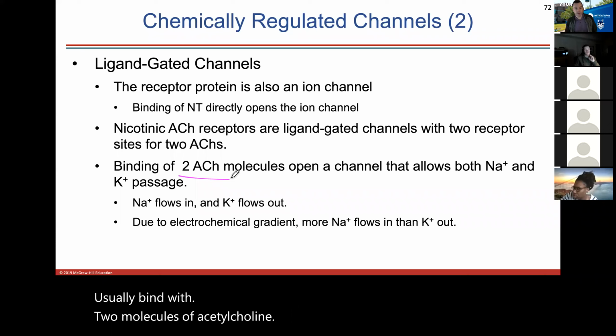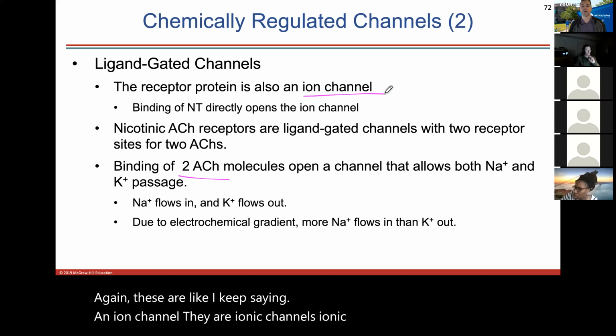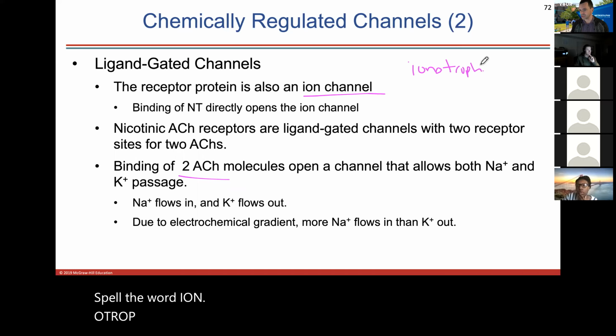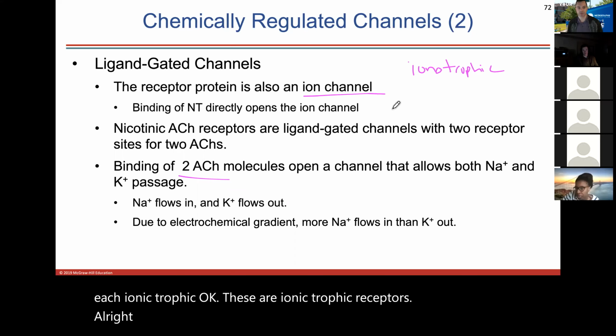Again, like I keep saying, these are ion channels. They are ionic channels, and I'll spell the word: IONOTROPIC, ionotropic. These are ionotropic receptors. Depending upon the textbook, they'll refer to it in a couple of different ways.